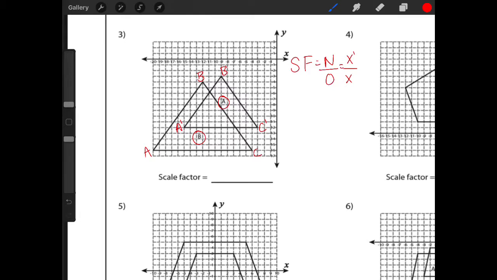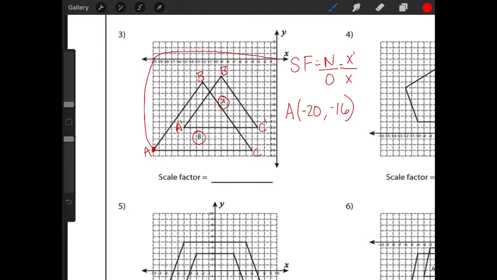So looking at vertex A, not figure A, vertex A is located at, I have to go left all the way to -20. And then I have to go all the way down to get to A, and that's at -16.